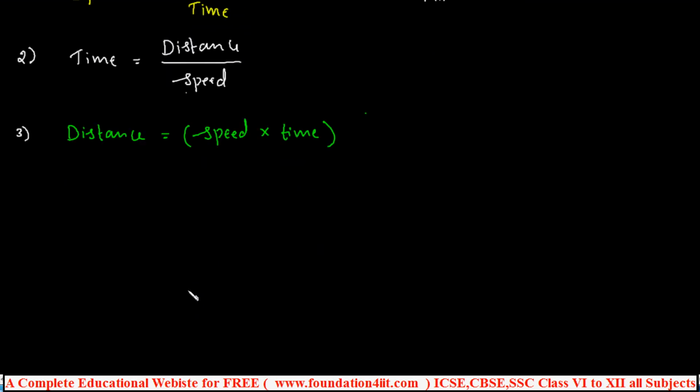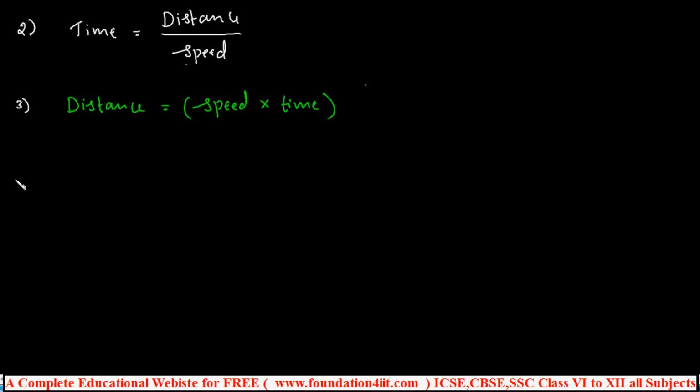Next, if you observe some shortcut things in this: average speed for the whole journey. If a certain distance is covered at x kilometers per hour and the same distance is covered at y kilometers per hour, then to find out the average speed: this distance is fixed, the same distance.